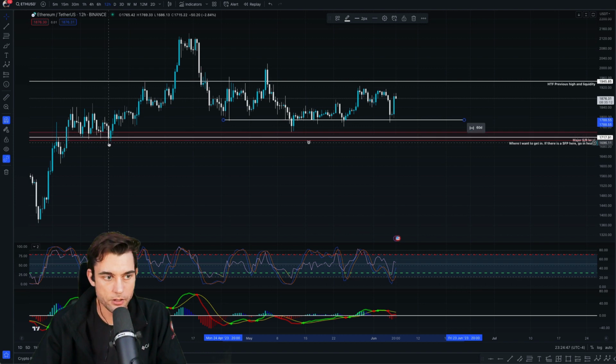Uptrending, downtrending, and then we broke market structure down before moving back up, which made this right here a breaker. So you would buy any of these wicks and then move back up, and now we're in a definite uptrend, and then finally, boom, we closed underneath here.